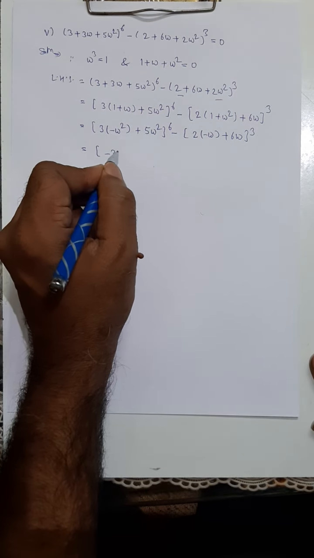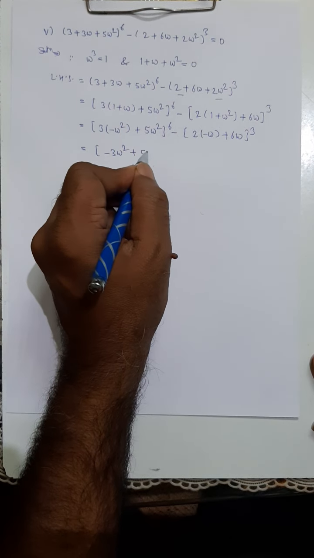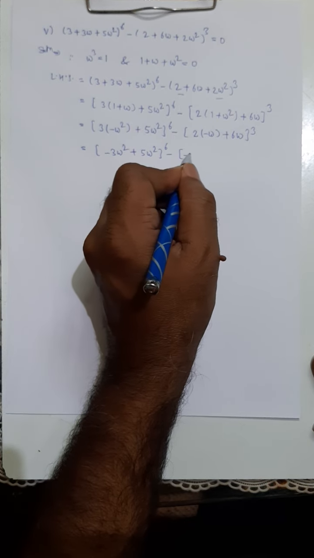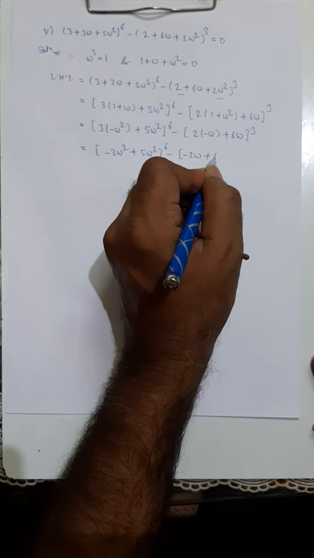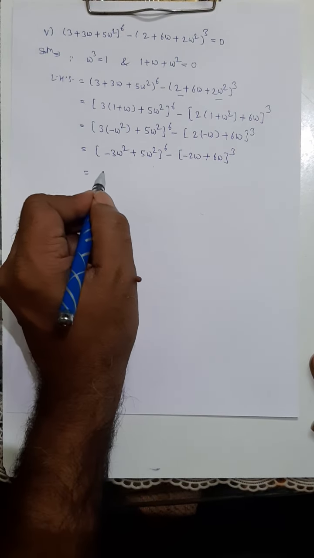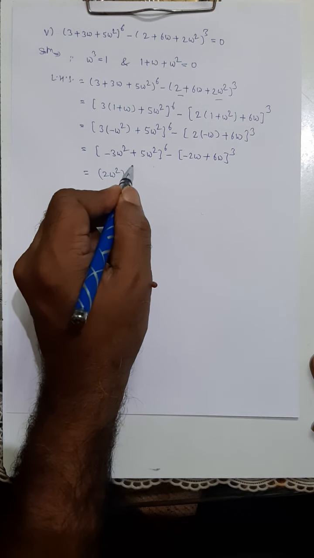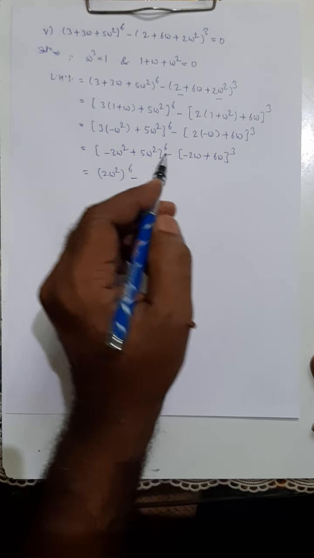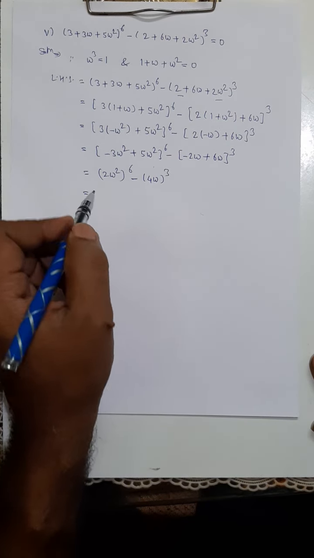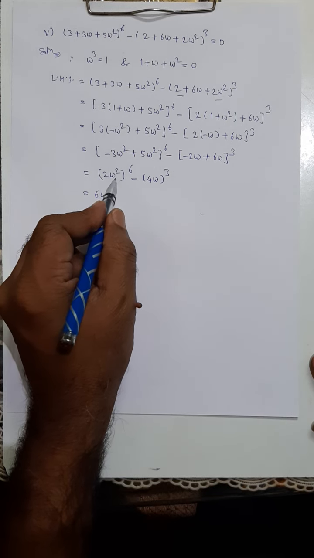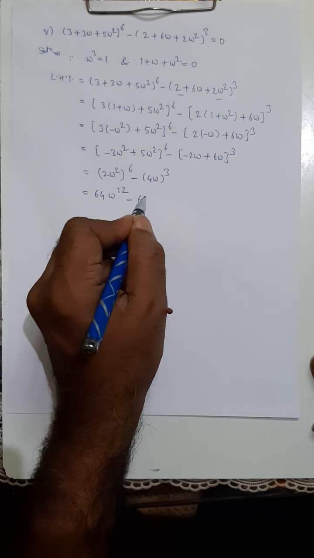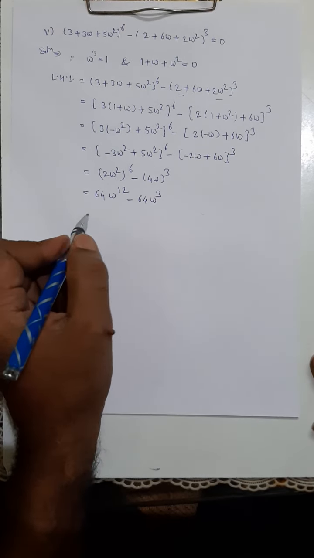So we get here minus 3 omega square plus 5 omega square, power 6, minus 2 into minus omega minus 2 omega plus 6 omega whole cube. 5 omega square minus 3 omega square is 2 omega square power 6, minus 6 omega minus 2 omega, 4 omega, its cube. 2 to the power 6 means 64, omega square power 6 means omega power 2 into 6, 12, minus 4 cube, 64 omega cube.